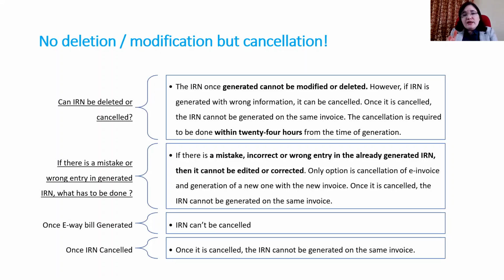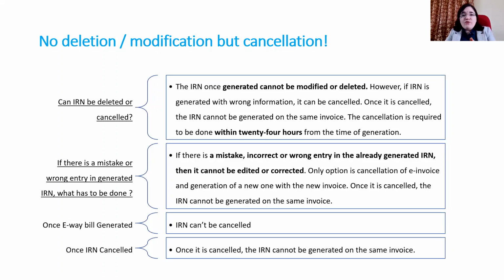Now let's say, after generation of the e-invoice, you had also generated the e-way bill, and after that you got to know that some parameters were inadvertently wrongly reported, and you have to correct that. Once the e-way bill is generated, please note that the e-invoice can't be cancelled. You have to cancel the e-way bill first and only then the e-invoice. And again, the e-way bill is to be cancelled within 24 hours.